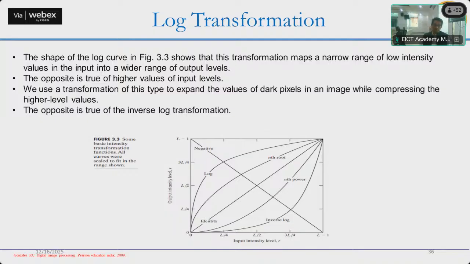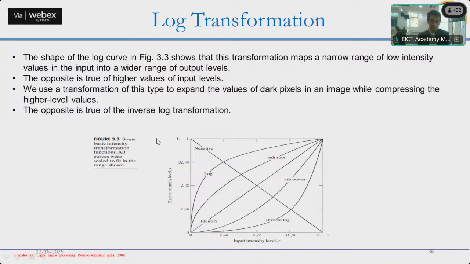In the log transformation, the shape shown here indicates that this transformation maps a narrow range of low intensity values in the input into a wider range of output levels. Something limited to a very specific region with very low values, with that we are able to get a wide range of output levels. And the opposite is true for higher values of input level.